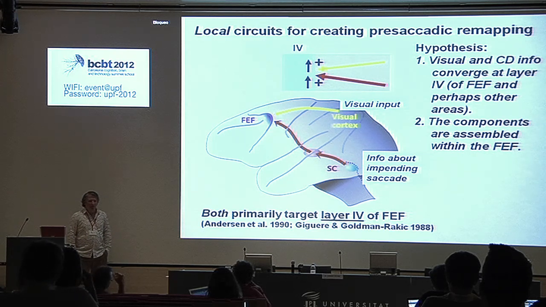So one part of that answer is, yes, if you record from frontal eye field, you can find presaccadic activity. This is very well known. But all or most of that could be coming from the colliculus or other areas. It doesn't necessarily mean the frontal eye field is creating that activity.